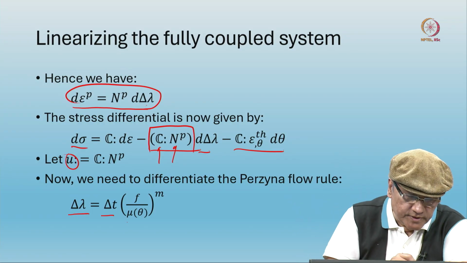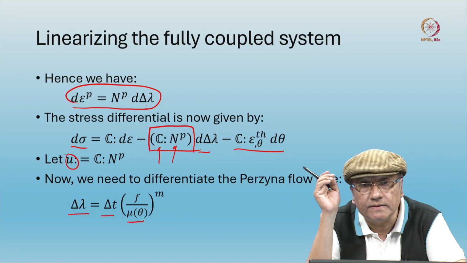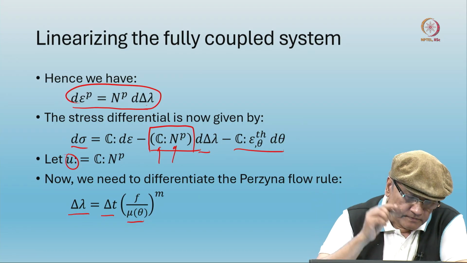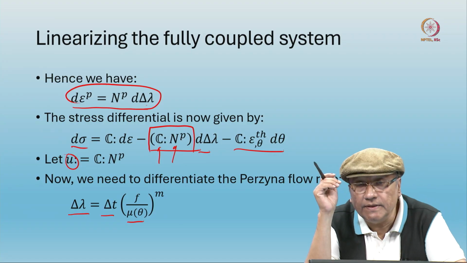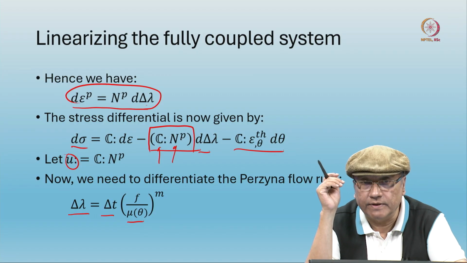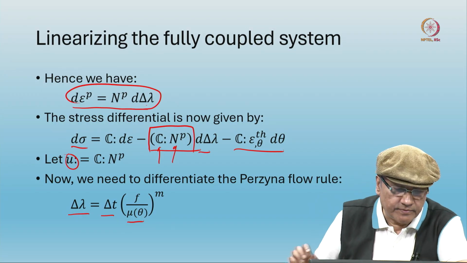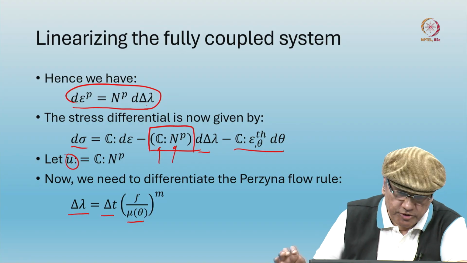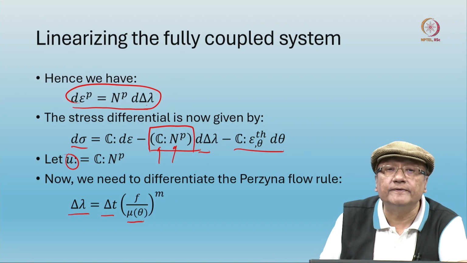So f by mu theta, recall that mu theta is the viscosity coefficient which is temperature dependent, to the power m, where m is, if you recall, the rate sensitivity exponent, right. So basically we have this relationship which we need now to differentiate.